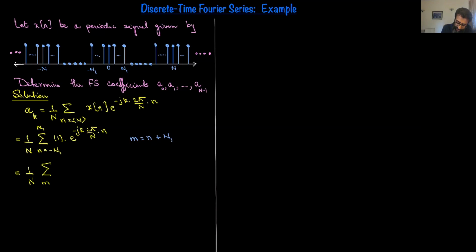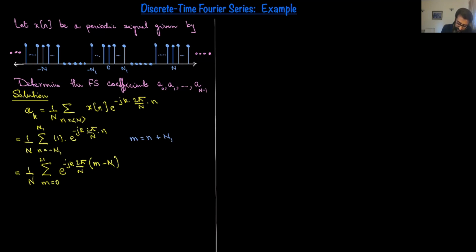And over here I have e raised to minus j k 2 pi by capital N, and small n is small m minus capital N1. On the other hand, what about the summation limits? We see small n being equal to minus N1 makes small m equal to 0. And when n is N1, m becomes equal to 2 N1.